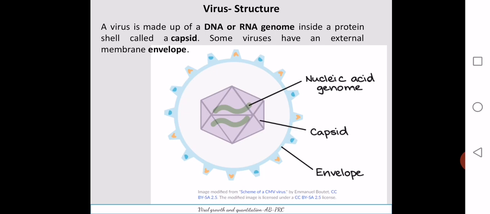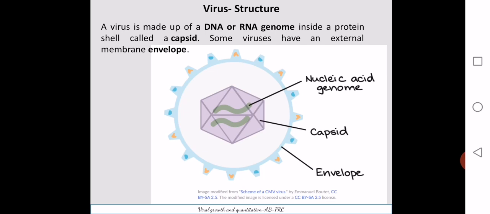In certain viruses, in addition to this capsid, there will be an external covering called an envelope. This is usually made up of lipid material, or it's lipid in chemical nature. So these are the three most important structures seen in the virus particle.